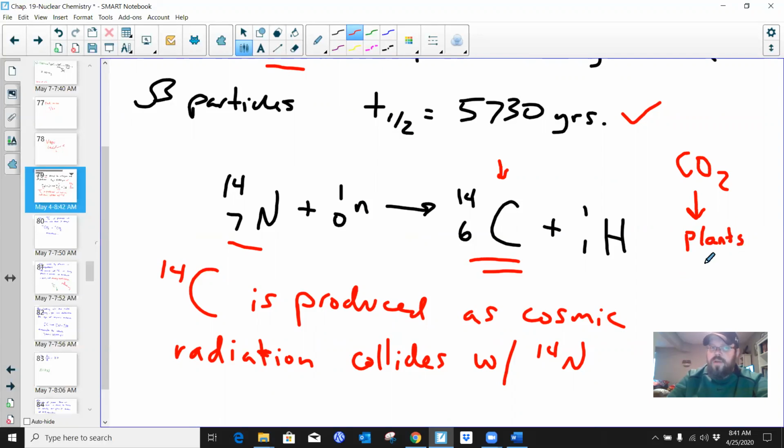So eventually, right, this carbon dioxide that contains a certain amount of carbon-14 ends up in plant tissues, and those plant tissues then get consumed by primary, secondary, and tertiary consumers, and then we have carbon-14 present within the tissues of plants, and within the tissues of all other organisms and animals. So there is a certain amount of carbon-14 within our bodies, okay, because of this balance within atmospheric carbon dioxide.